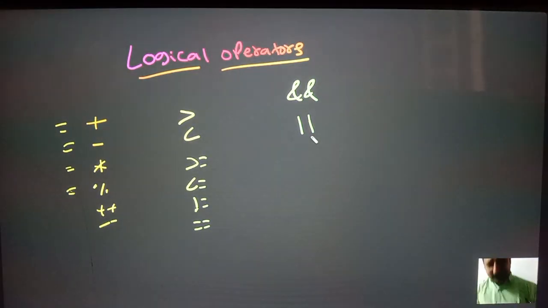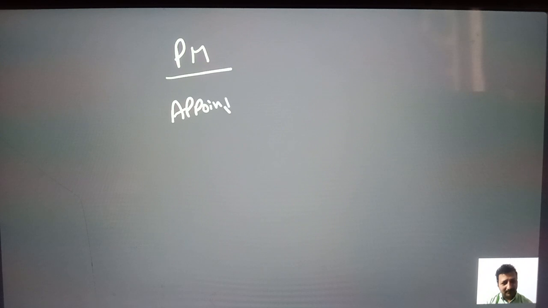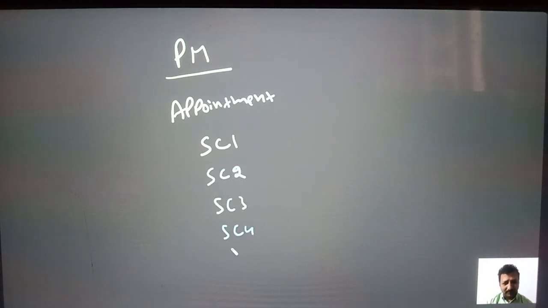Got my point? As an example, imagine I want to meet the Prime Minister. What is the procedure? First, an appointment. Then security checks: security check 1, security check 2, security check 3, security check 4, security check 5, security check 6, security check 7.